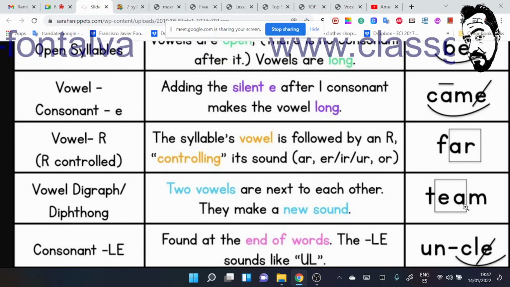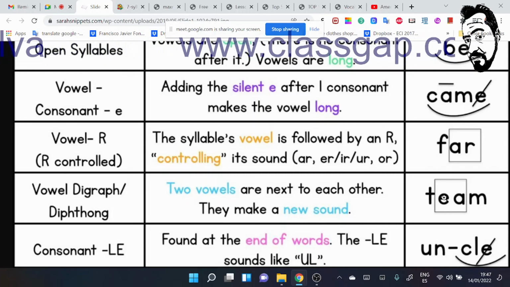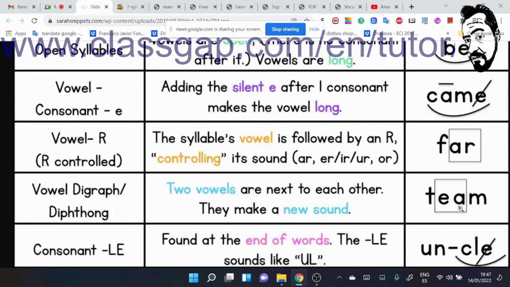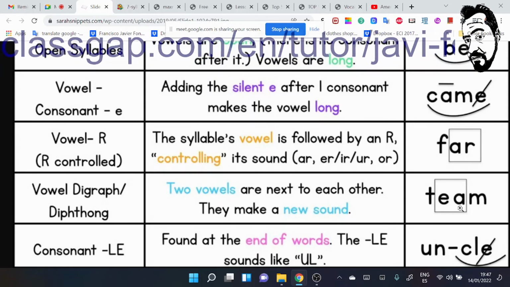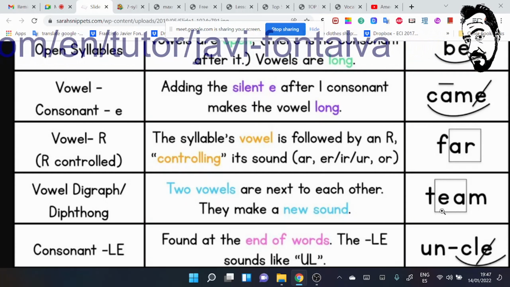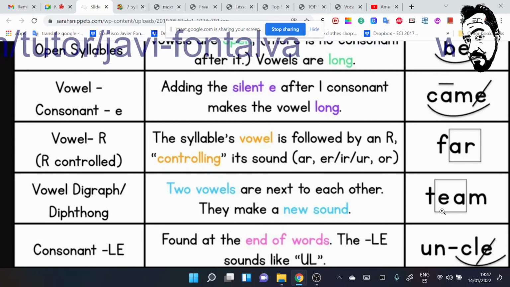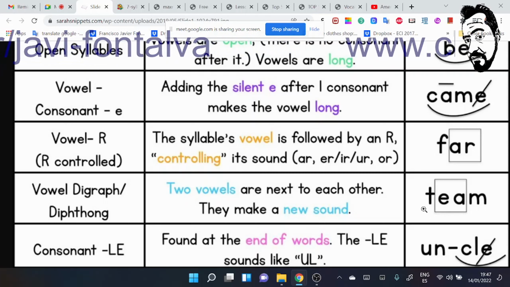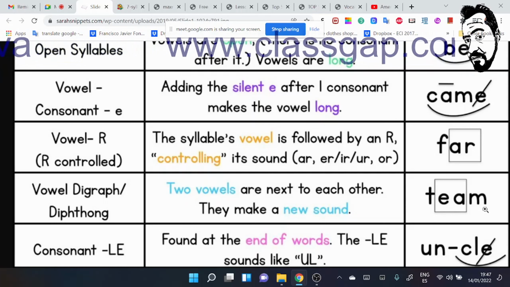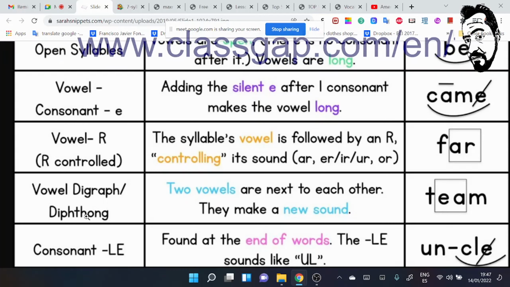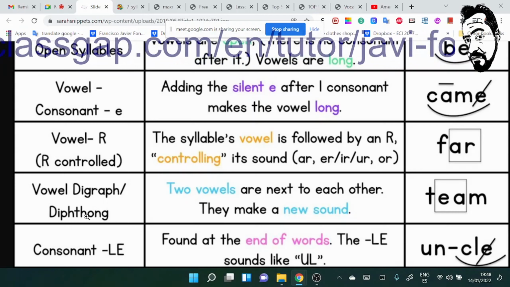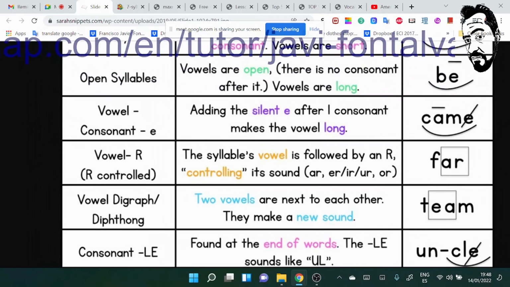So for example, you have here the letter E, you have the letter A. You do not pronounce the letter A, you just ignore it, and you just read the first one in the long way. So you name the letter, okay? You say the name of the vowel, yeah? So team. Team. When you have a diphthong, it's gonna be a new sound. So I'm gonna show you later. Okay. I'll talk about diphthong later.